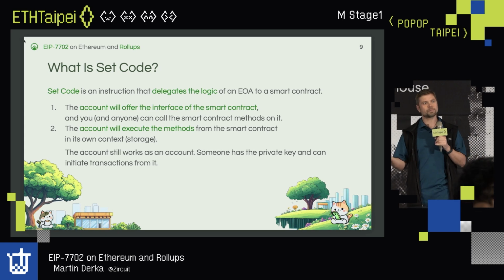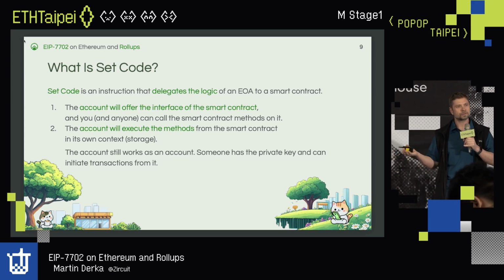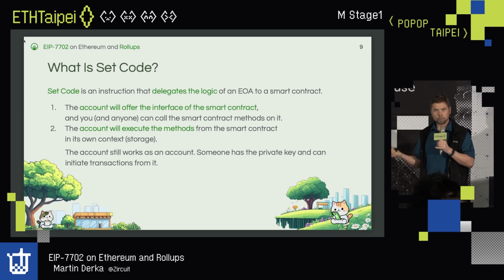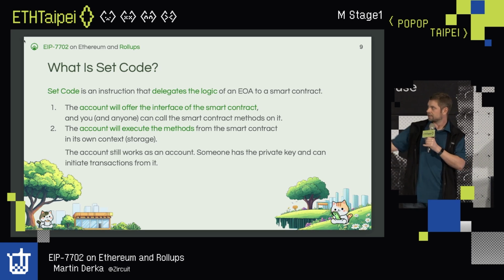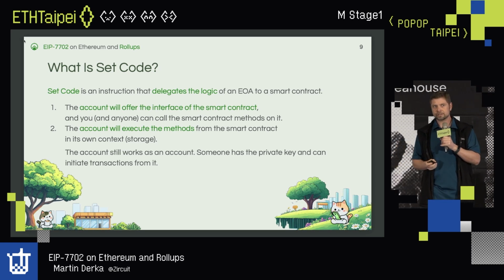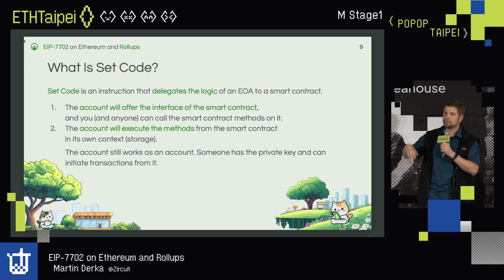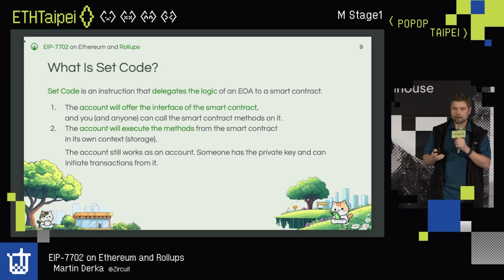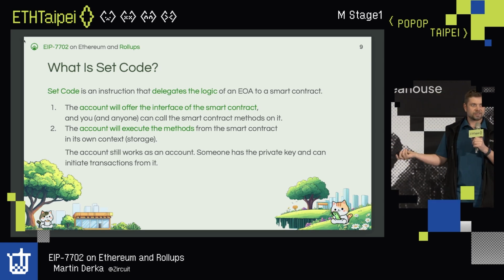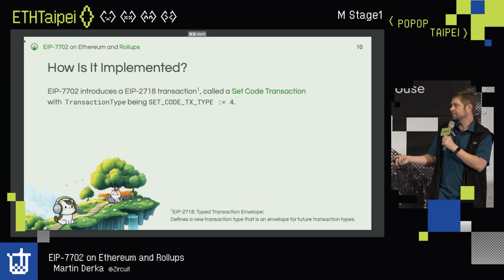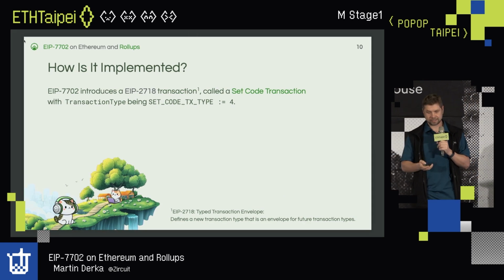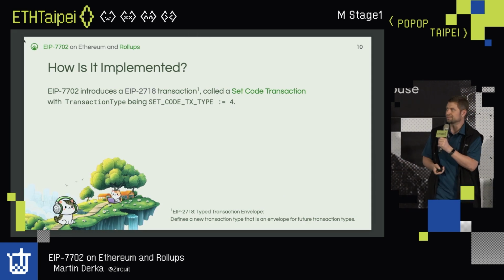So there will be a private key known for this account. Somebody will hold this private key because they needed to sign that original authorization for the delegation, and they will be able to invoke transactions out of it as if it was their externally owned account. Okay, so this is what EIP 7702 is.